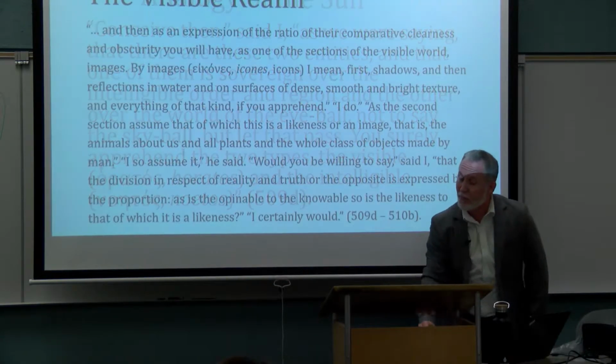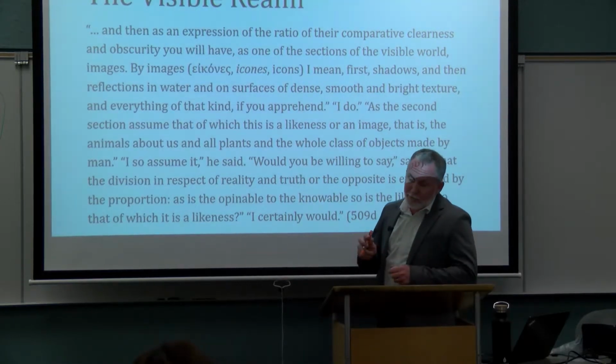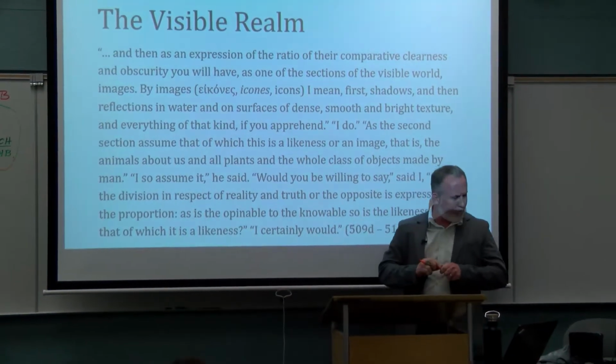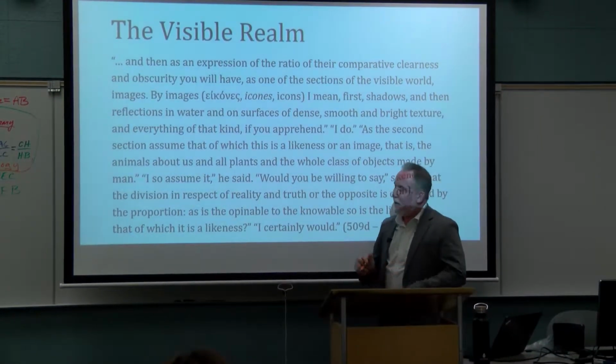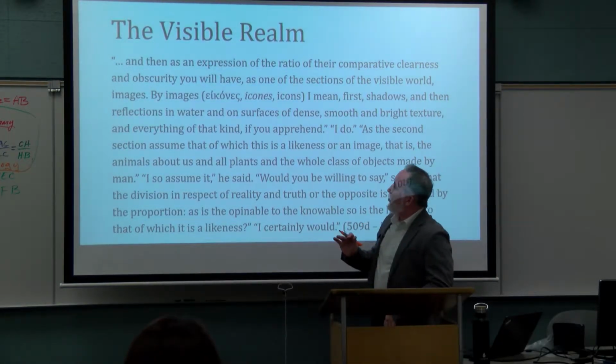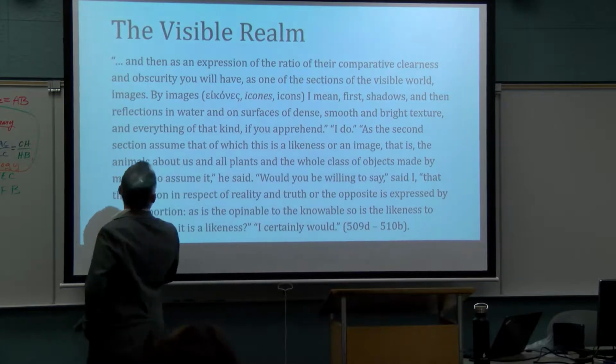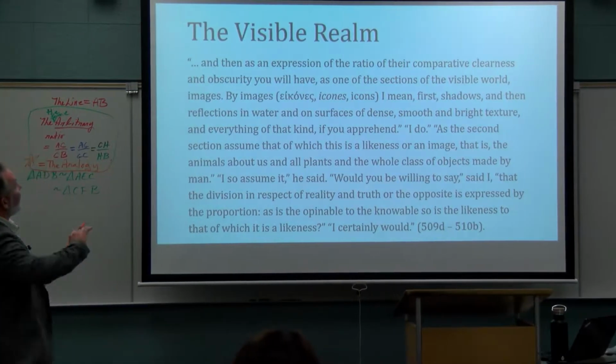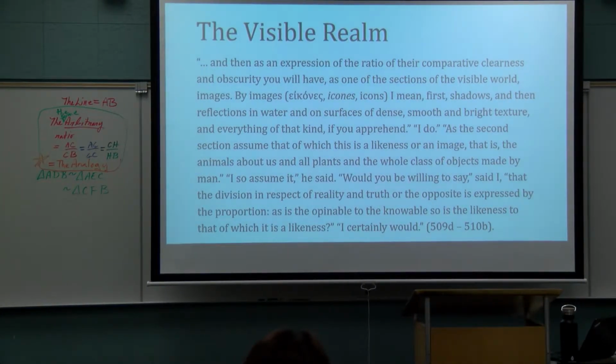It's very important. Okay. And so in the visible realm, we want then, as an expression of the ratio of the comparative clearness and obscurity, you will have as one of the sections of the visible world images.